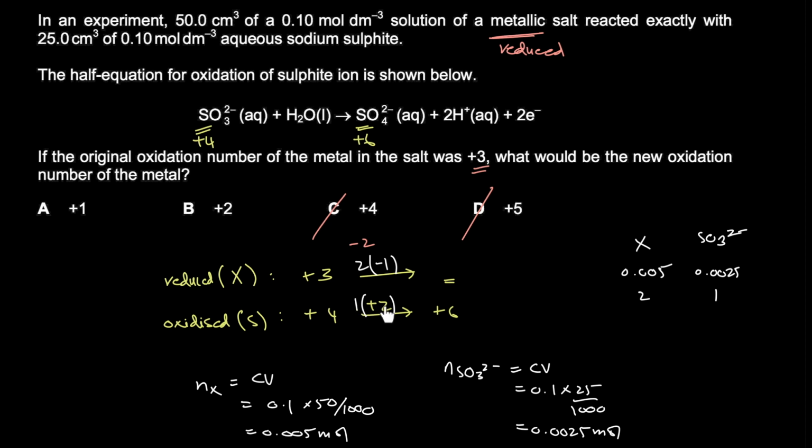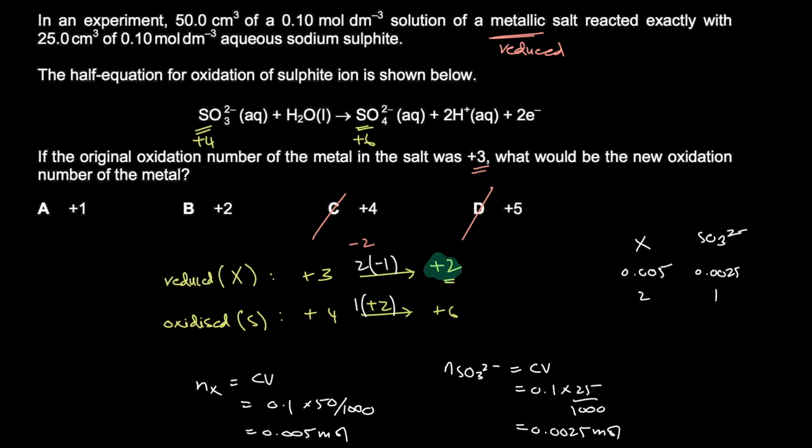Right, now the overall change is balanced. 1 mole of sulfur increases by 2. 2 moles of X decreased by 1 each. So then we have a decrease of minus 2. So if the oxidation number of X is changing by minus 1, what's the final oxidation number? Each atom of X has a change in oxidation number of minus 1, so the final oxidation number must be plus 2.